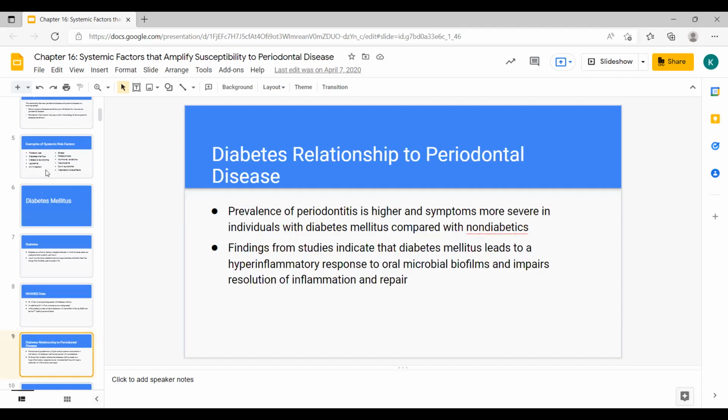Diabetes relationship to periodontal disease. So the prevalence of periodontitis is higher and symptoms are more severe in individuals with diabetes compared to non-diabetics. Findings from studies indicate that diabetes leads to a hyperinflammatory response to oral microbial biofilms and impairs the resolution of inflammation and repair.